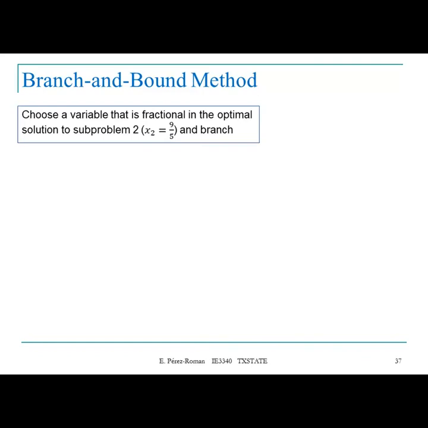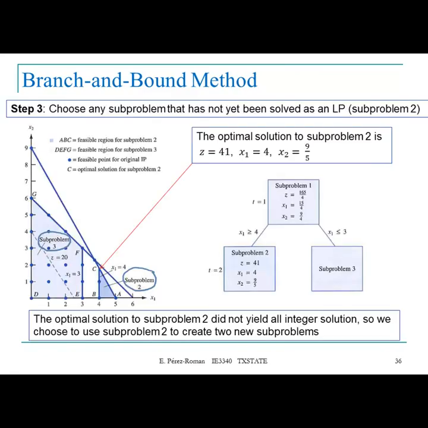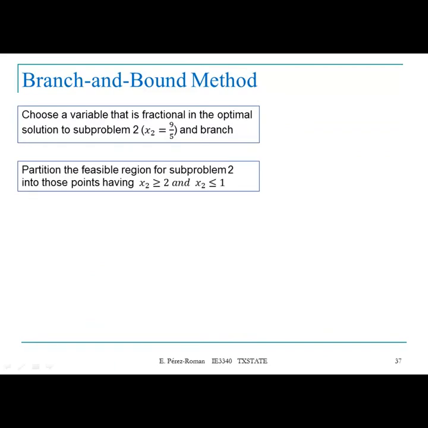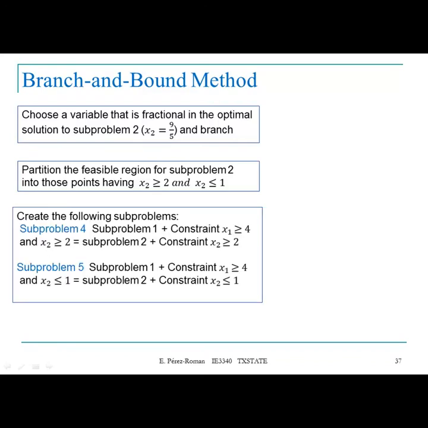The only fractional value is 9 over 5, so we branch. We're going to repeat the process, partition the feasible region for subproblem number 2 into those points having x2 greater or equal to 2, and x2 less than or equal to 1. So these are your new subproblems which are coming from subproblem number 2.